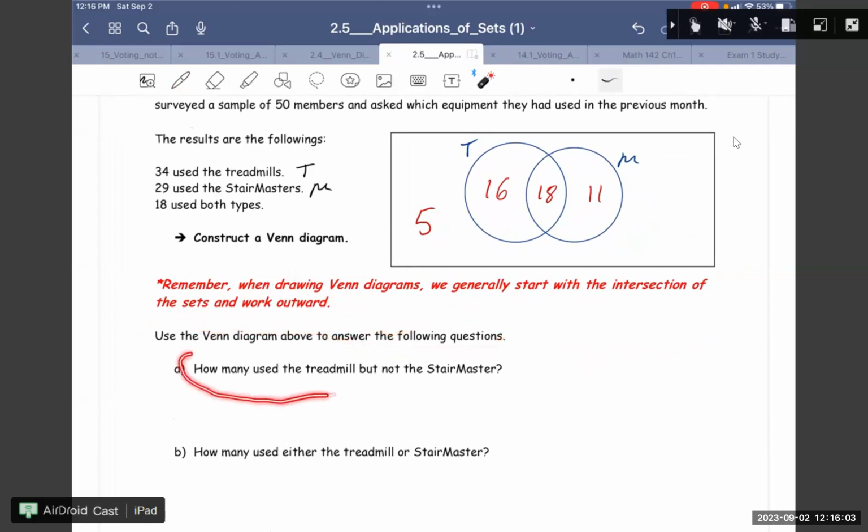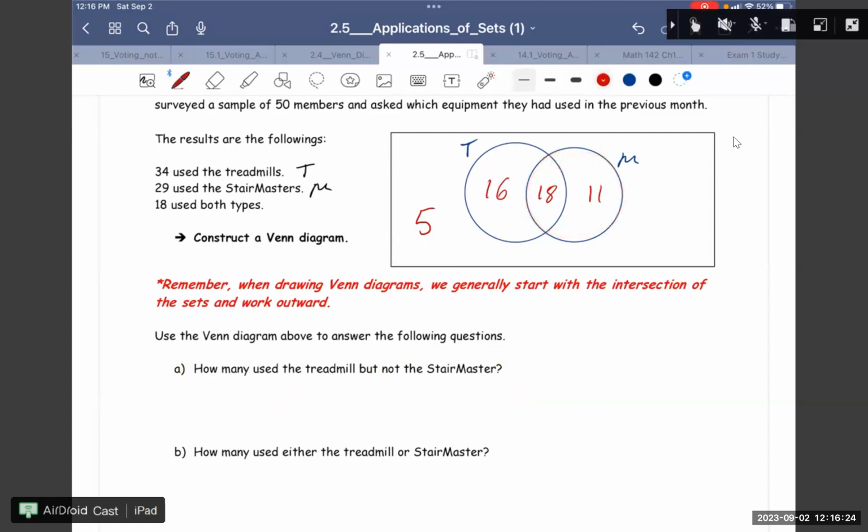How many use the treadmill but not the Stairmaster? Remember, treadmill but not Stairmaster. So it means what? Whatever is used with the Stairmaster is not included, so it means complement.